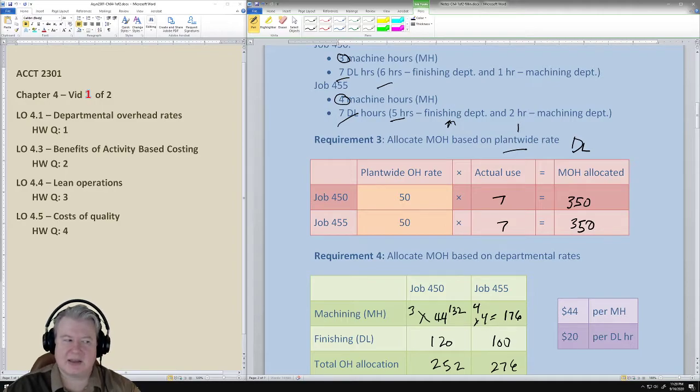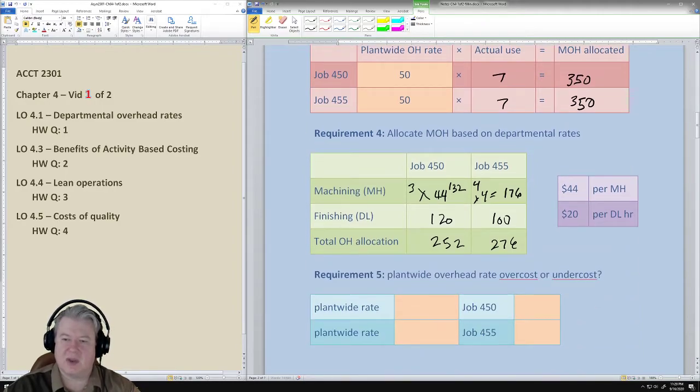Well, let's just take a quick comparison of these two. So now you're saying on the original system, we would have charged 350 for each. Under this new system, we would have charged 252 and 276. So we may have charged too many costs under the original system, and that would have led to, well, what? We may have ended up having a billing price, a retail price, too high.